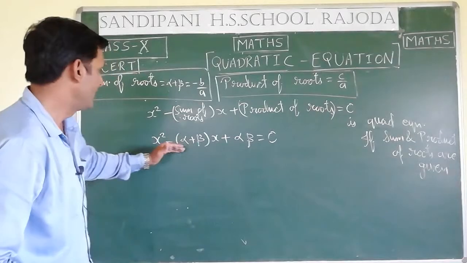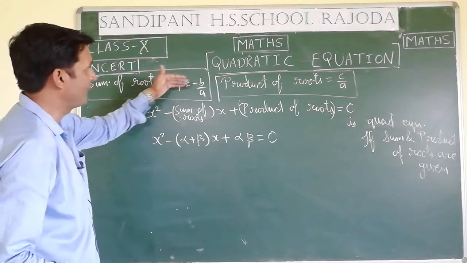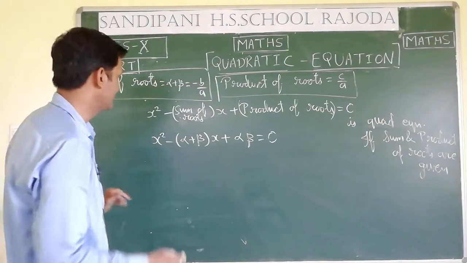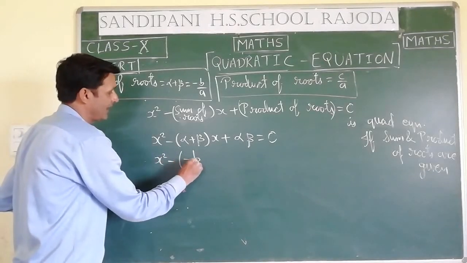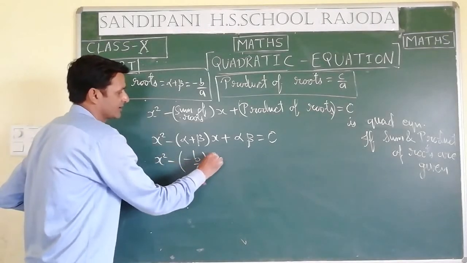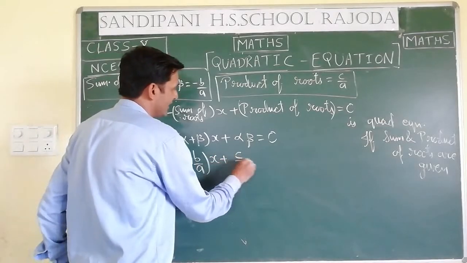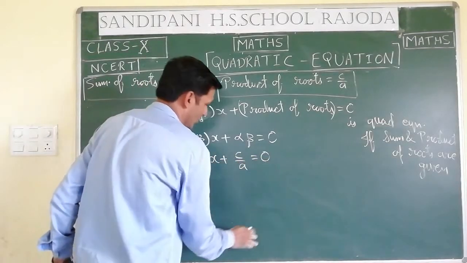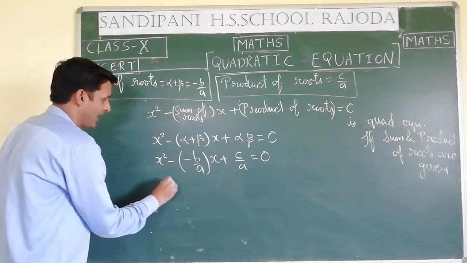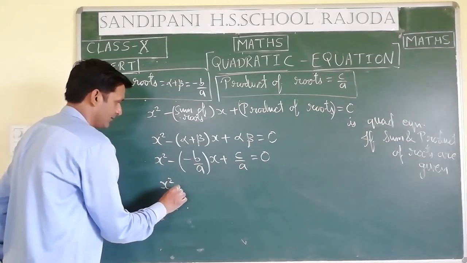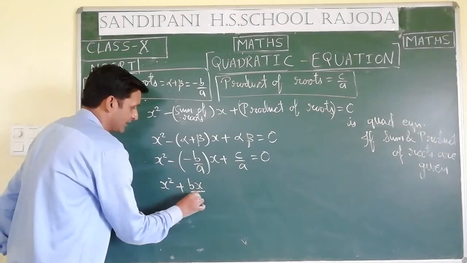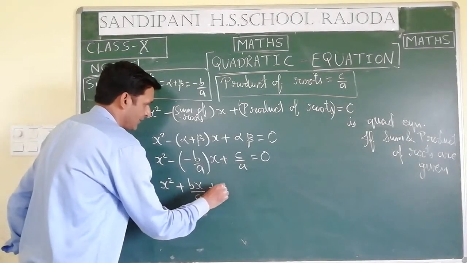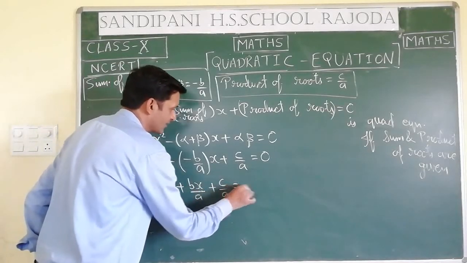So let me put the values of alpha plus beta and alpha beta in this equation. So x square minus alpha plus beta value, which is minus b upon a, into x plus alpha beta value, c upon a, is equal to 0. So it will be x square plus bx upon a plus c upon a is equal to 0.